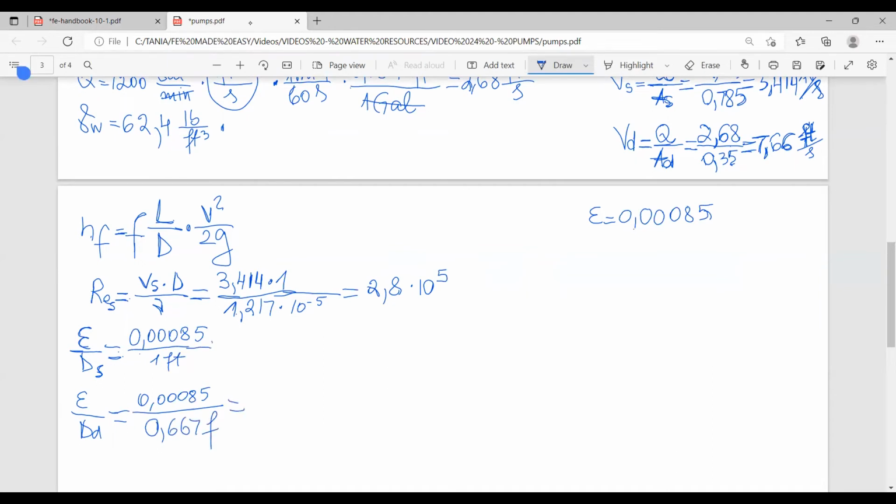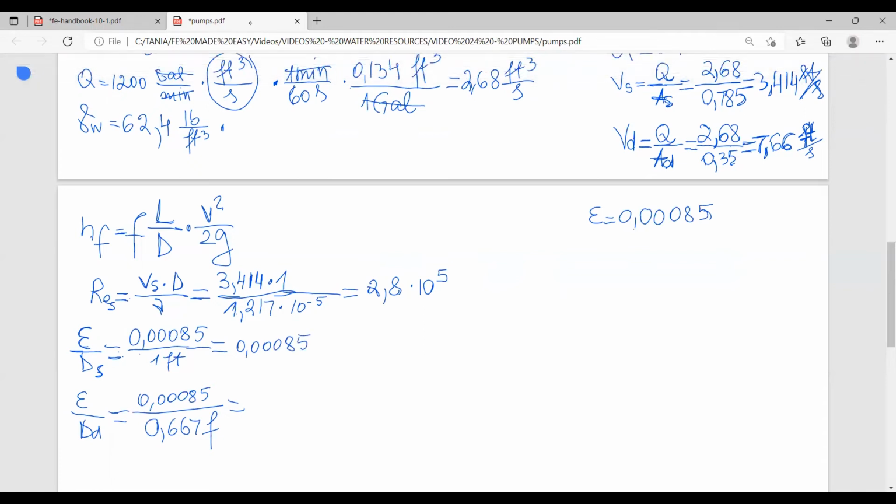Let's see what we get in both situations. Here I have 0.00085, and at the bottom I get 0.00128.